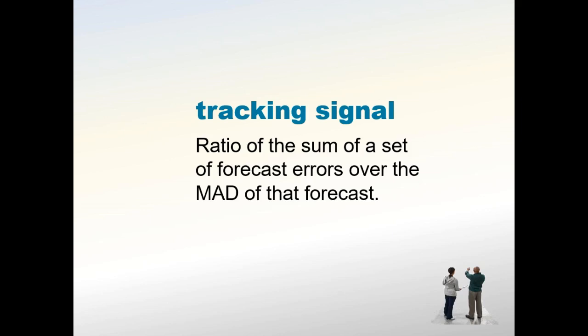A forecaster concerned with monitoring potential bias over time could consider calculating a tracking signal periodically. The tracking signal is the ratio of the sum of a set of forecast errors over the MAD of that forecast.